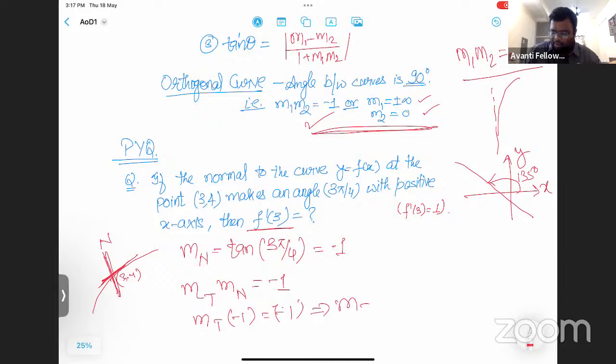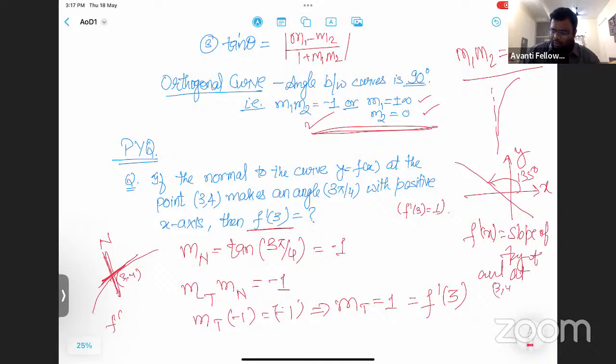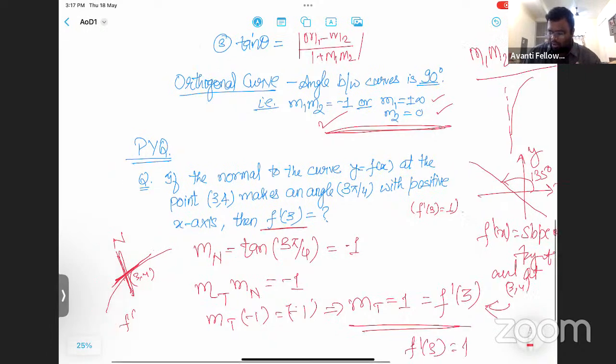So what we get is the slope of the tangent is equal to 1, which is nothing but f dash of 3, because f dash x is the slope of the tangent, and at (3, 4), f dash 3 is the slope of the tangent with x value equal to 3. So our answer to the given question is f dash 3 is equal to 1.